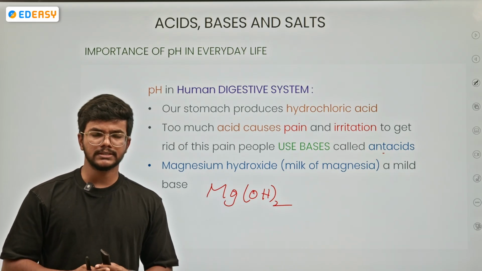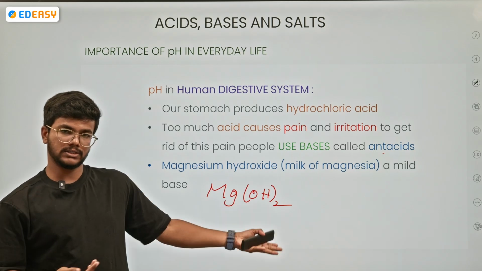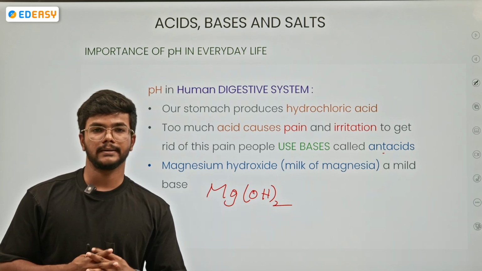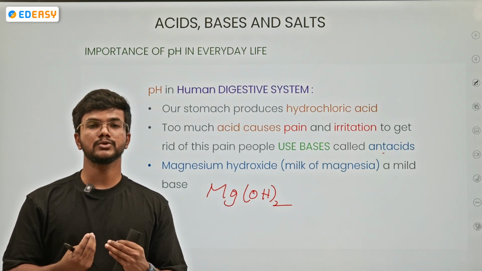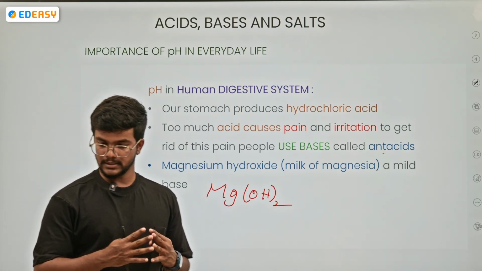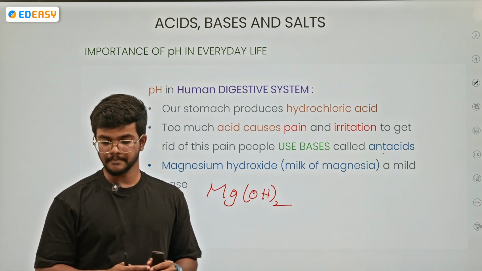We also drink ENO, which contains magnesium hydroxide as a major ingredient. So there are a lot of bases which can be used to decrease the acidity. Can you give some other examples that decrease the acidity in our stomach?